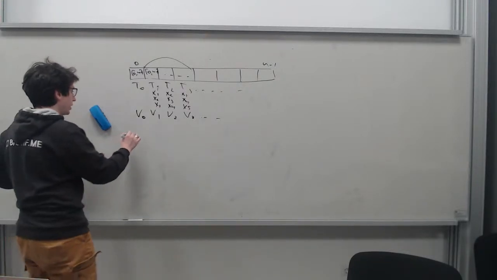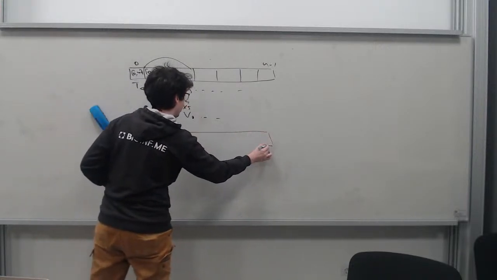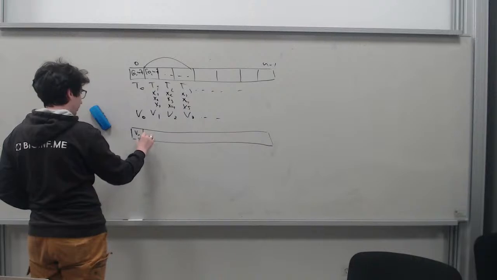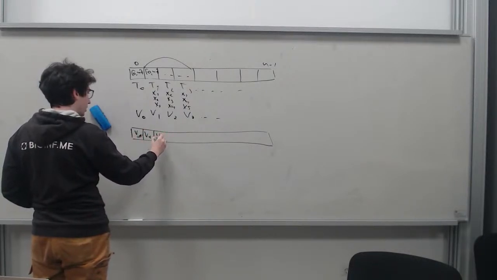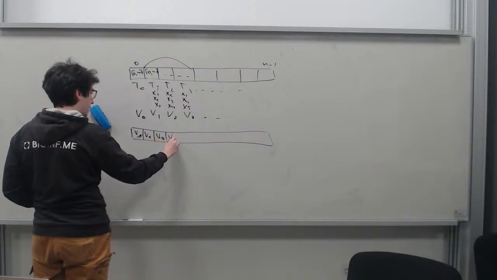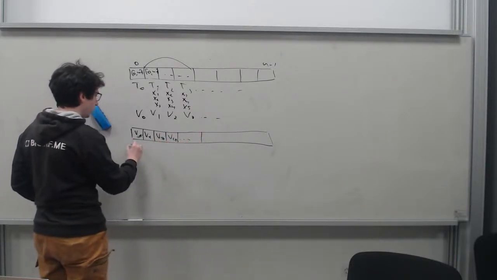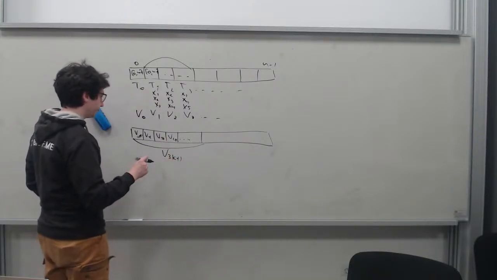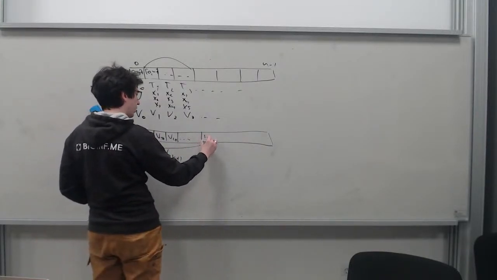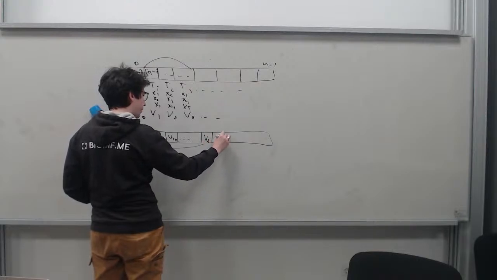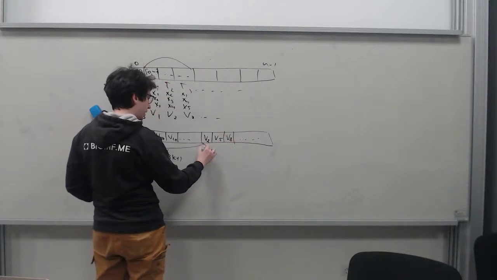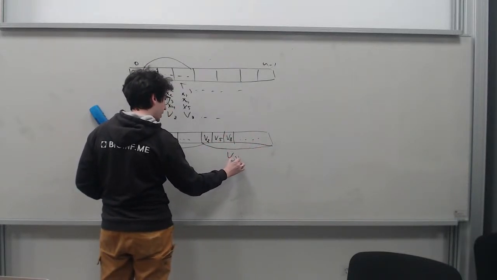And then we consider an interesting string that looks like the following. It is V1, V4, V7, V10, and so on. So here, all the V's that are of type 3k plus 1. And here we'll have V2, V5, V8, and so on. And here the V's are 3k plus 2.